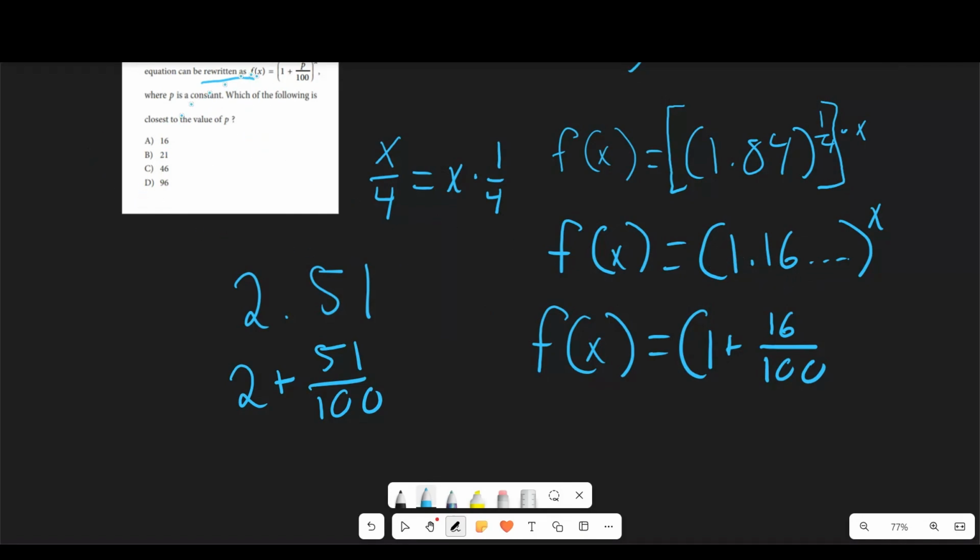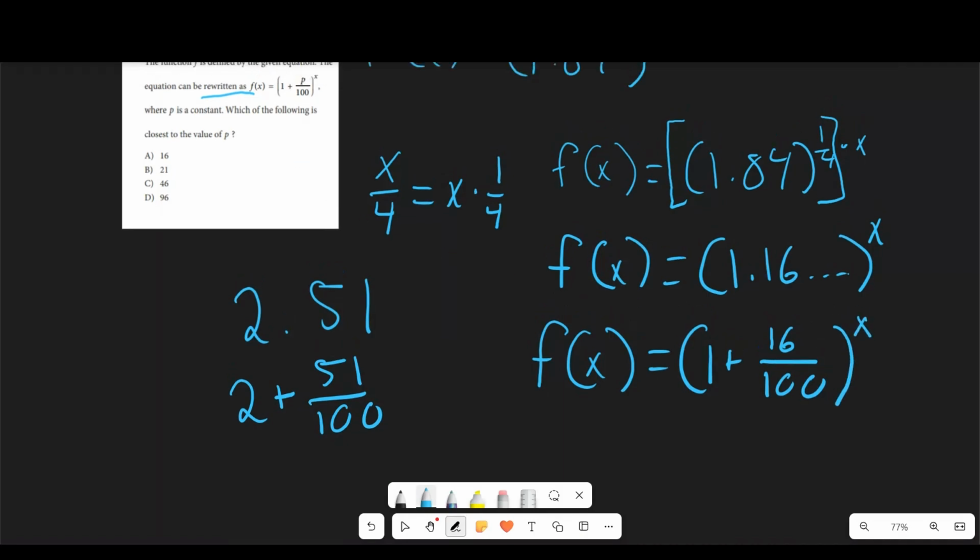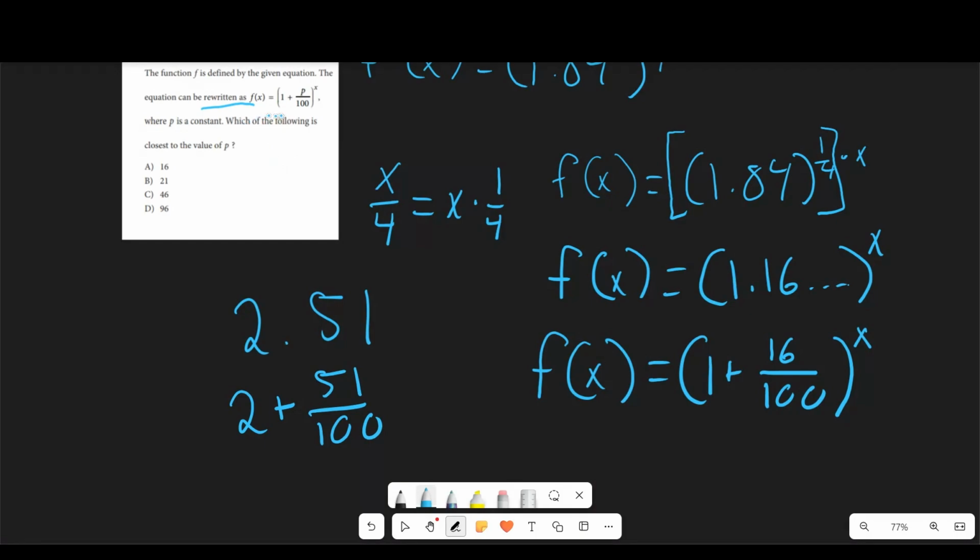We're just approximating, and it says which of the following is closest to the value of p. So they're not asking for the exact value, which gives us a little leeway. Anyways, then we have an equation that looks like what they have in the rewritten form, 1 plus some number p over 100. And we now know that p is equal to 16, so that would be your answer.